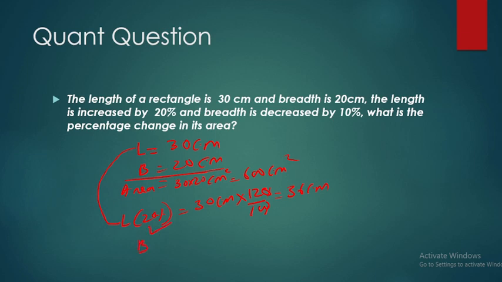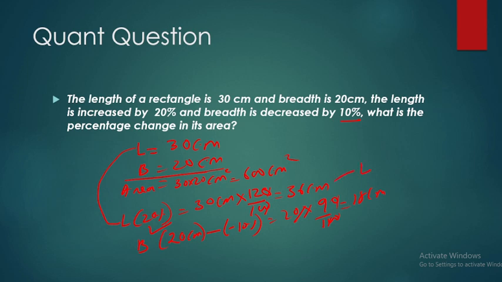Breadth is decreased by 10%. So breadth is 20 centimeter, decreased by 10%. So you get 20 multiplied by 90 by 100. So you get it as 18 centimeter.